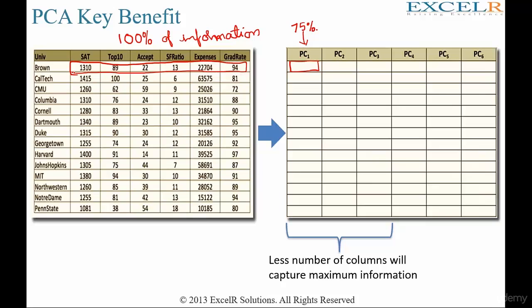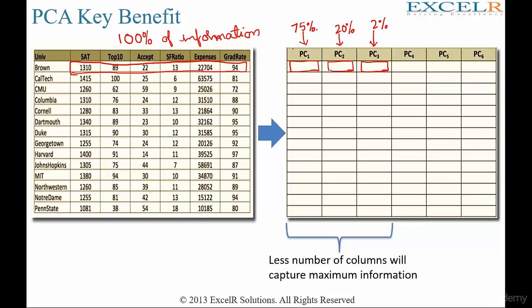And mathematically using all these 6 data points, Principal Component 2 is calculated. Maybe this principal component 2 would capture, say, 20% of information. Using all these, yet another mathematical calculation happens and you get a third value. Probably this would capture 2% of information, so on and so forth.